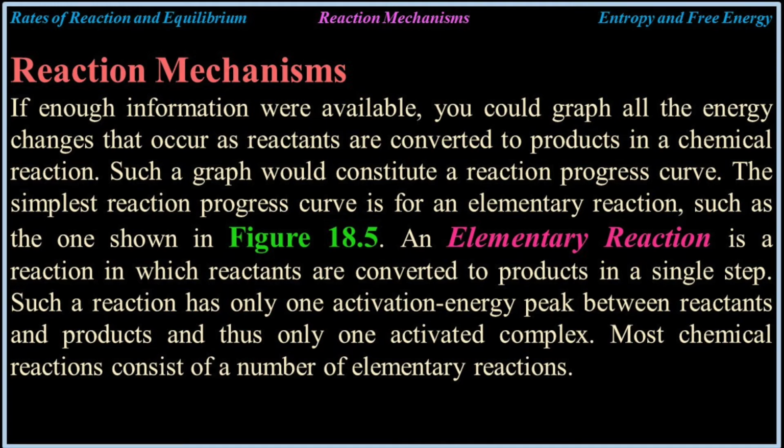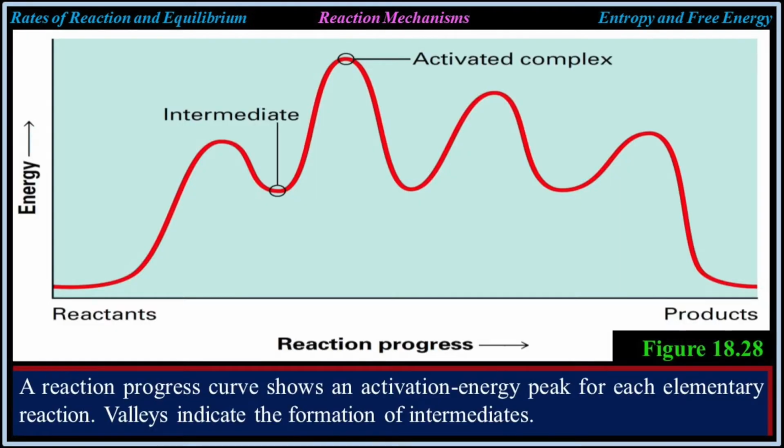Most chemical reactions consist of a number of elementary reactions. A reaction progress curve shows an activation energy peak for each elementary reaction. Valleys indicate the formation of intermediates.